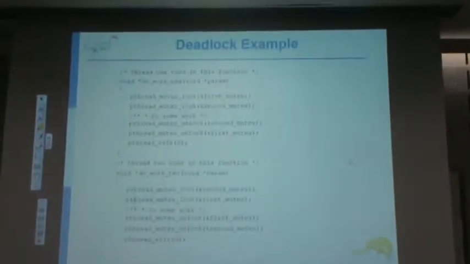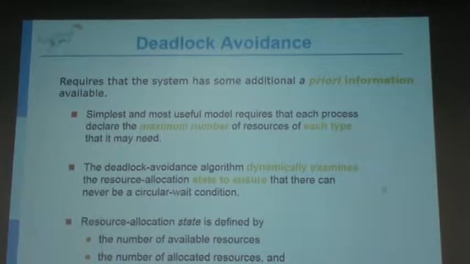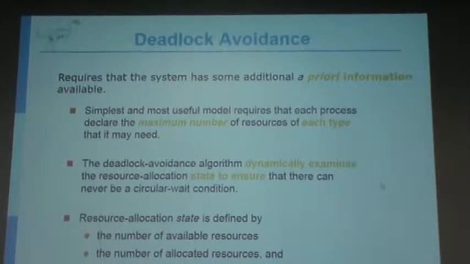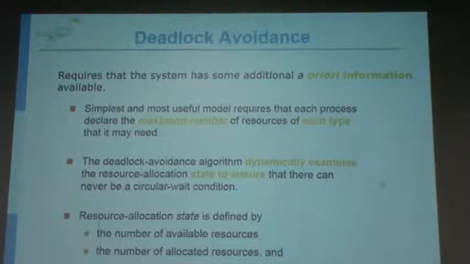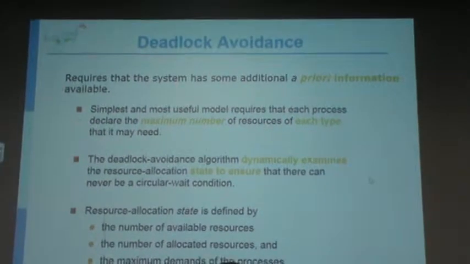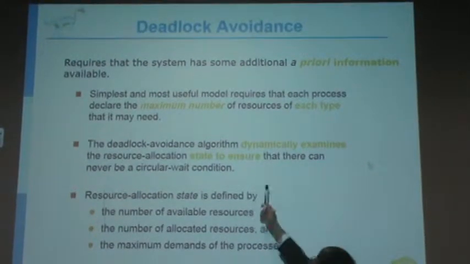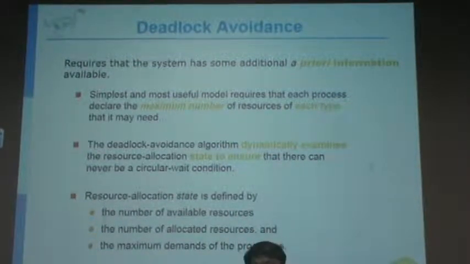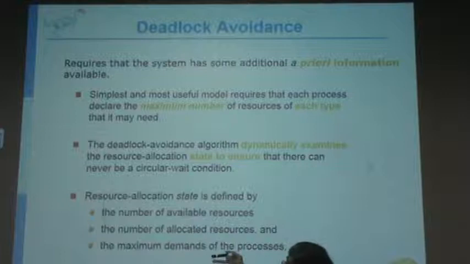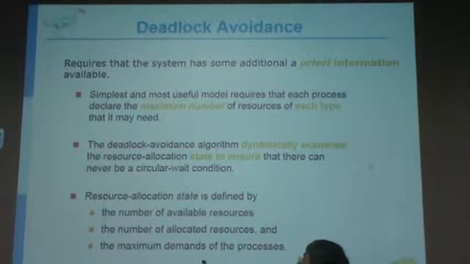We have seen deadlock prevention and also deadlock avoidance. For deadlock avoidance, we are going to manage three primary pieces of information: the number of available resources in your operating system, the number of resources already allocated to each process, and the maximum demand of each process.